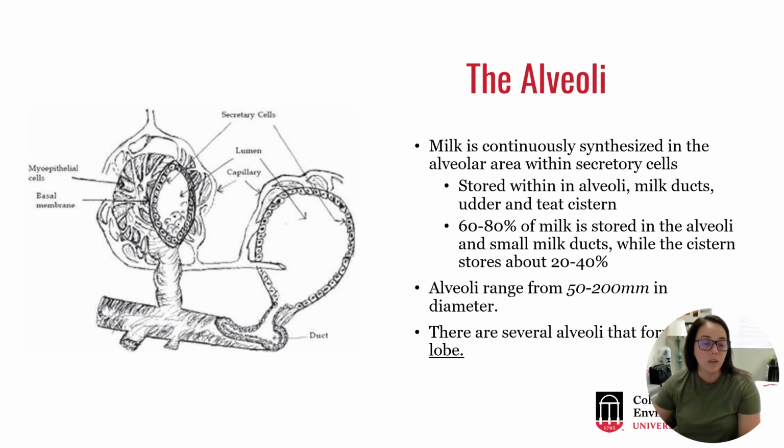And so if you look over to the picture, or that is on that same picture, but the structure that's on the left, it is the same structure, just looking at it from a different perspective. And so you can see that the basal membrane kind of surrounds it, and then you have those myoepithelial cells on the outside of that alveoli. And again, capillaries will surround that, providing blood flow and nutrients to that alveoli.